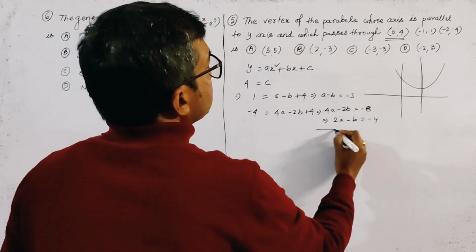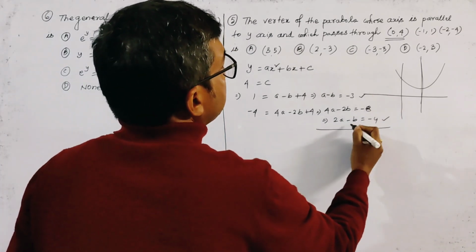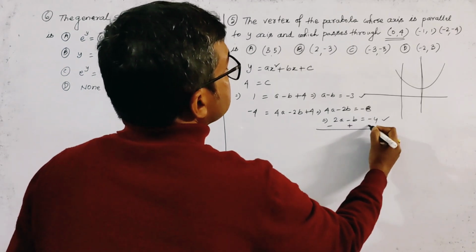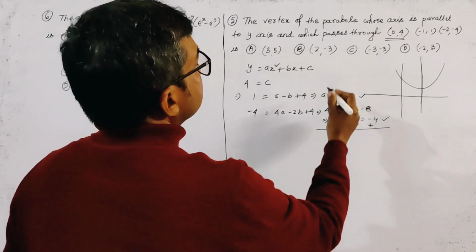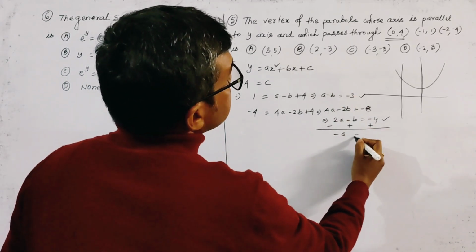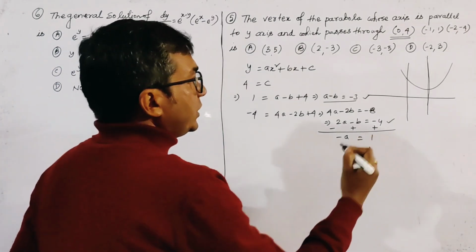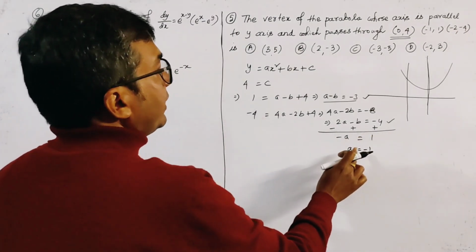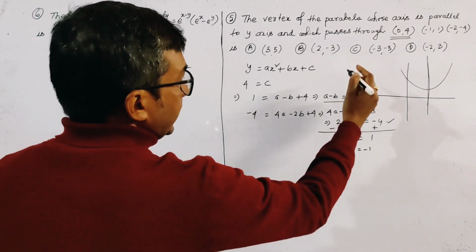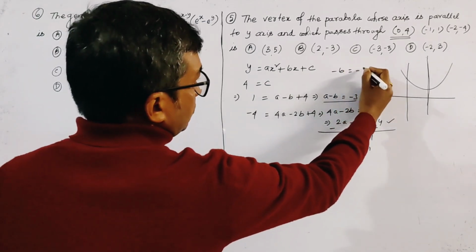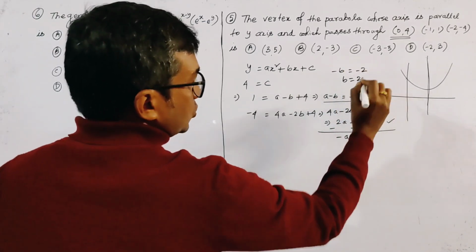Now subtracting the two equations, we get minus a equals 1. So a equals minus 1, and by putting the value of a here, we get minus b equals minus 2, so b equals 2.